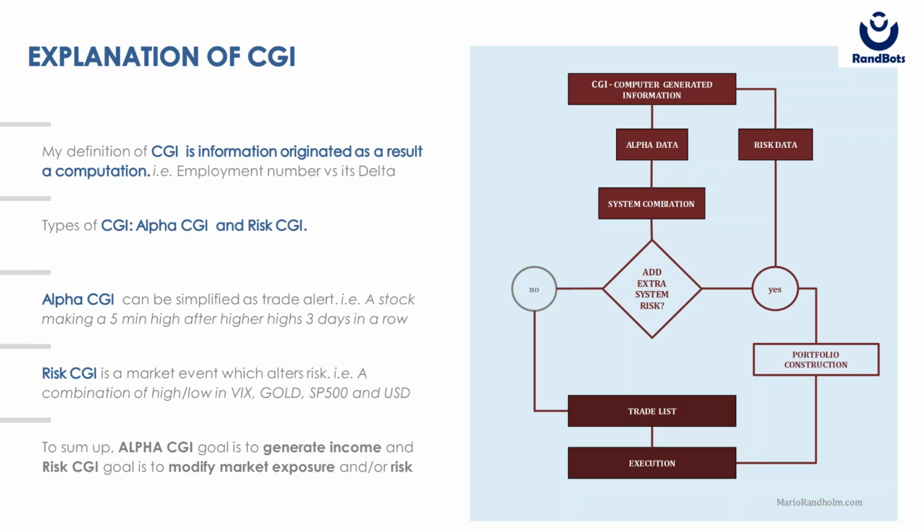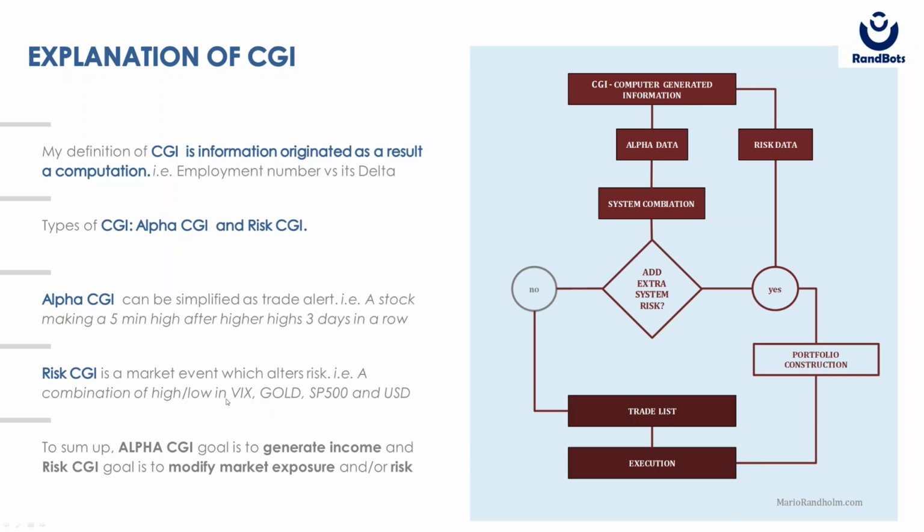For example, very easy to understand, if we are trading and the computer reads a high on the VIX, a high on gold, a high on the S&P 500, and a high on the US dollar. This is not very typical, but it has happened. It could be in the same print or within 10 minutes or within 1 minute, depending on your time frame.